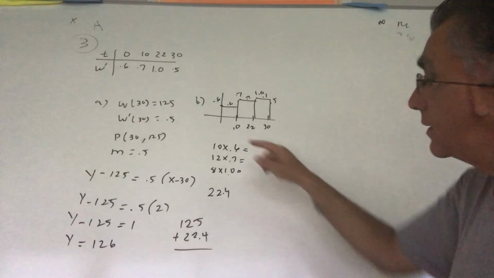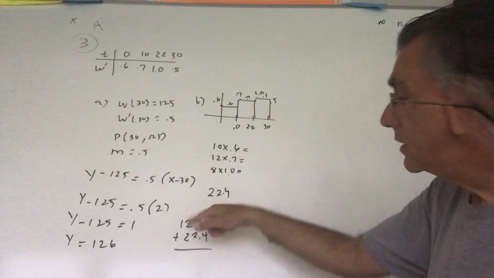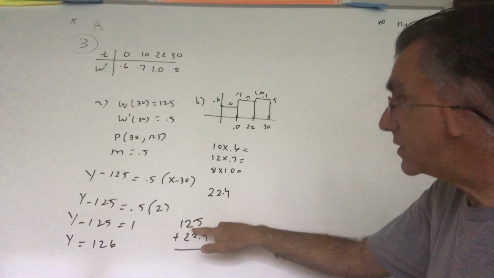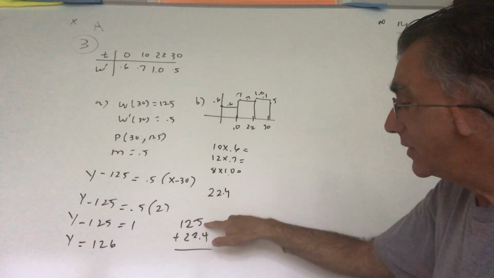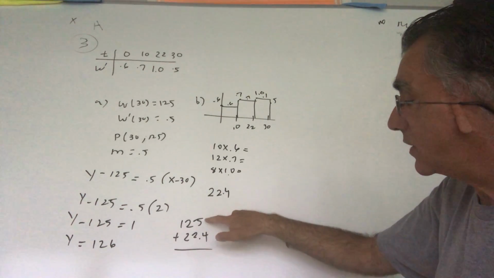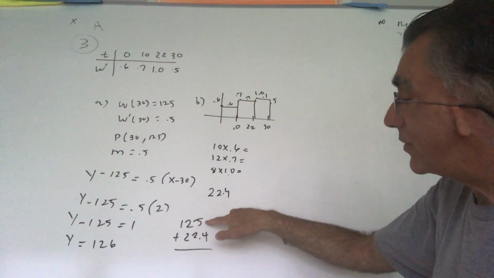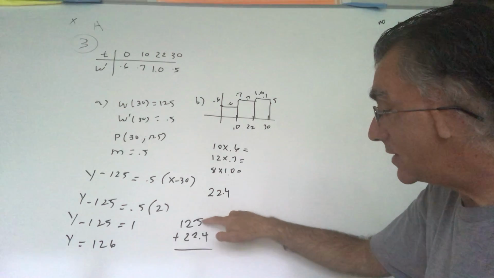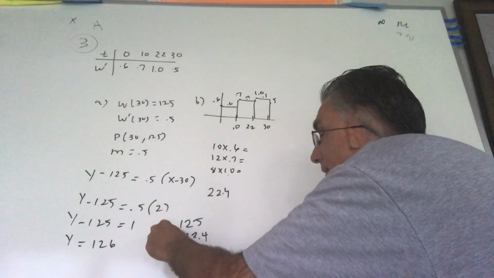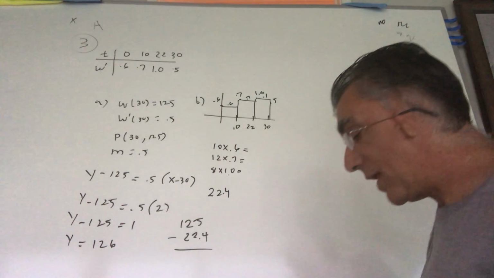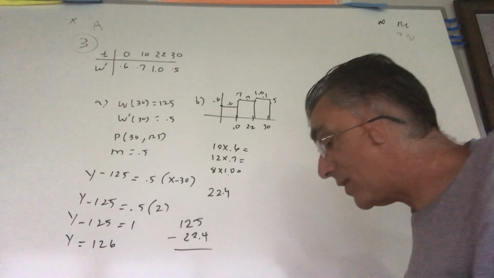Oh, I apologize. That wasn't at time 0, that was at time 30. Don't ask me why they did that, but I have to subtract. They don't want the time at 30, they want the time at 0.